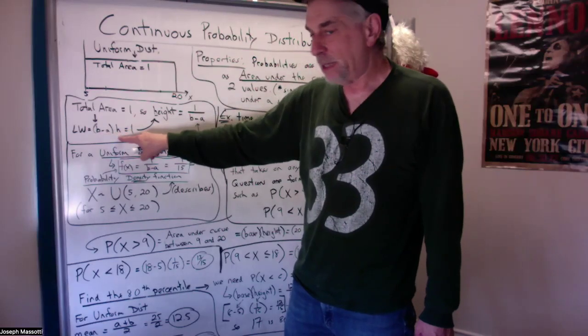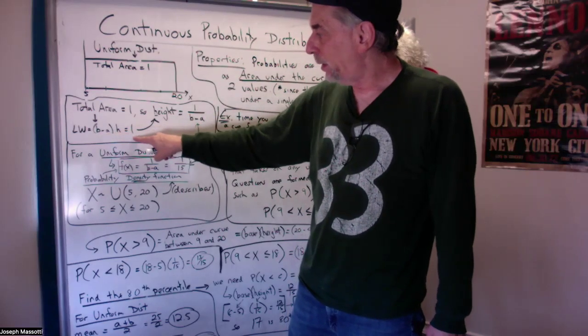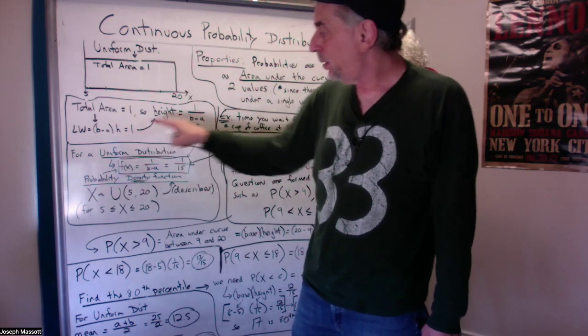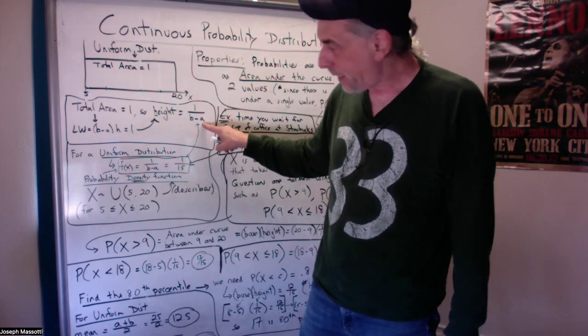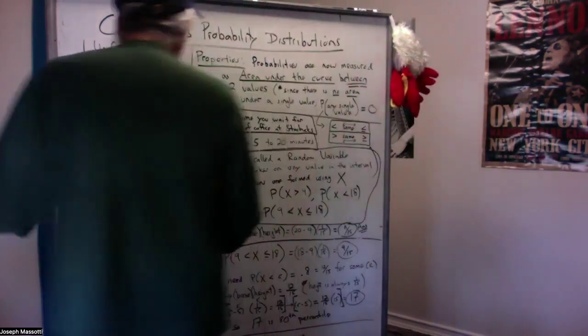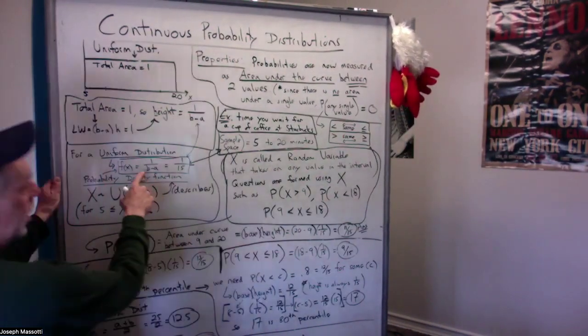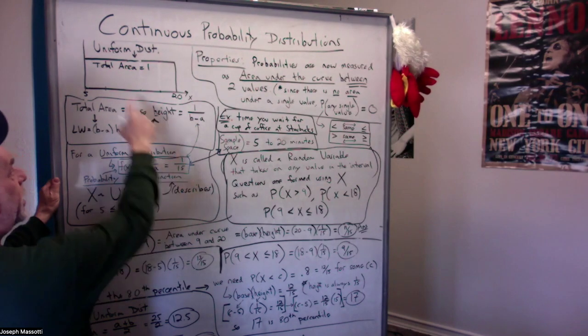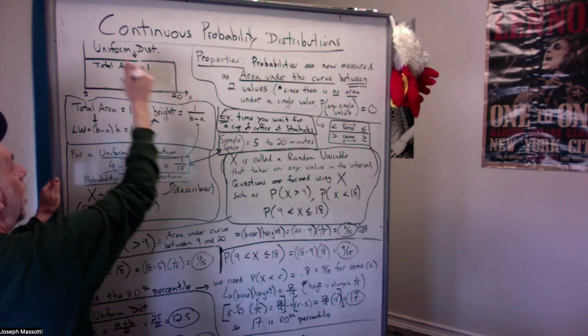So width times height equals 1. Solving this equation, the height is 1 over b minus a, and in this case that's 1 over 15. So 1 over 15 is going to give us the shape of this curve.